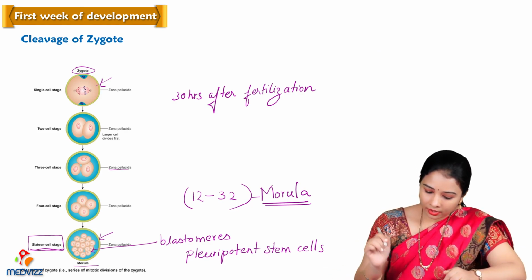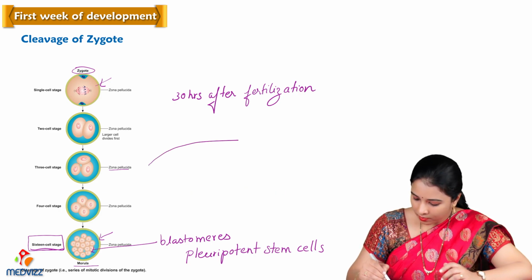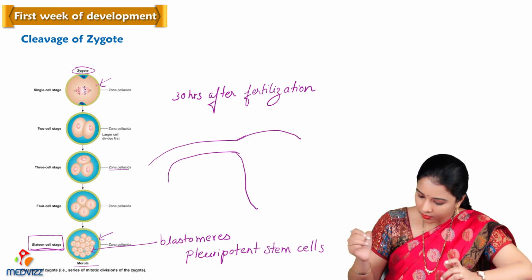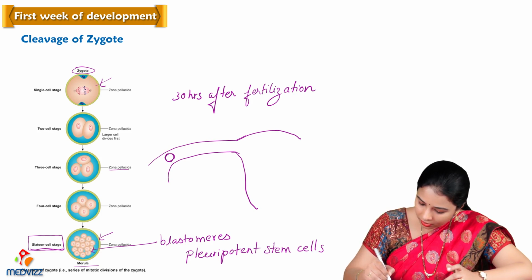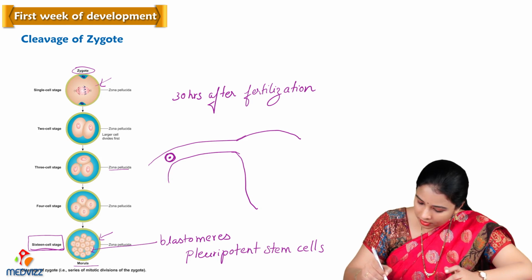If we see the uterine cavity, I am drawing the isthmus, which continues into the uterine cavity, and the ampulla is the site of fertilization. The zygote is formed here and starts dividing into a 2-celled stage, then a 3-cell stage, 4-cell stage.